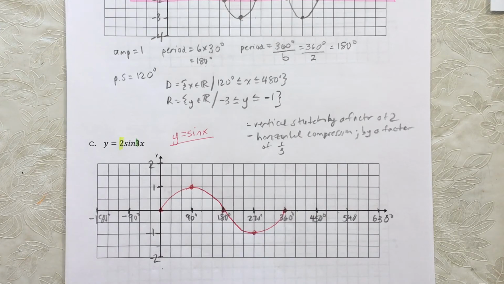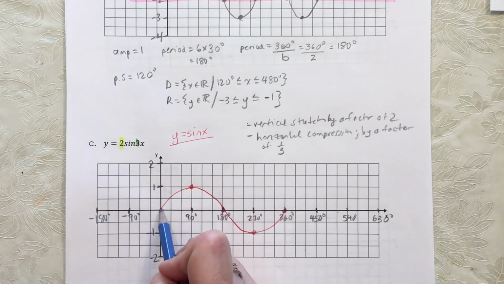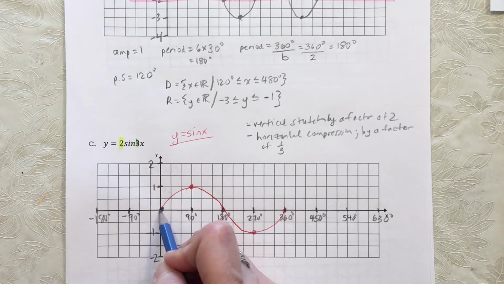Okay. All right, so starting here, we're going to double our vertical distance from the x-axis and 1/3 our horizontal distance from the y-axis, so we're going to stay at 0, 0.